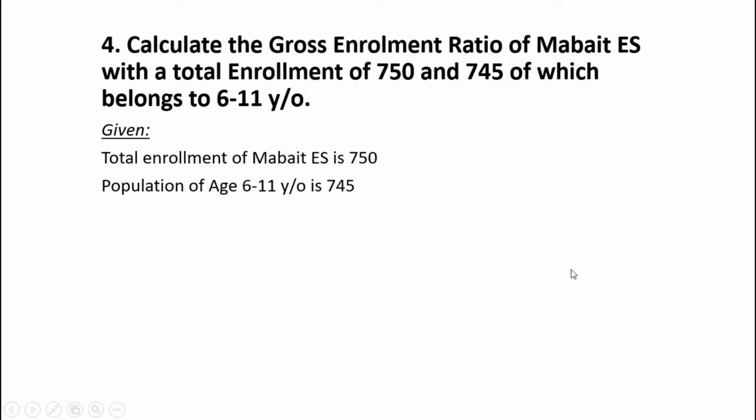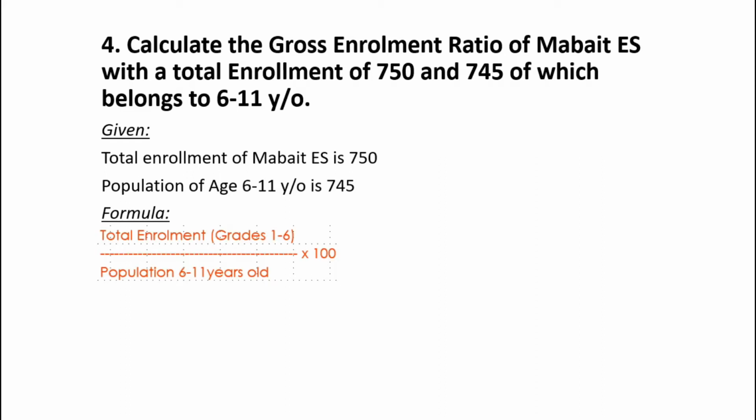And let me discuss. The given is the total enrollment of Mabait Elementary School is 750. The population of age 6 to 11 years old is 745. So what will be the formula? The formula will be the total enrollment of grades 1 to 6 all over the population of 6 to 11 years old.